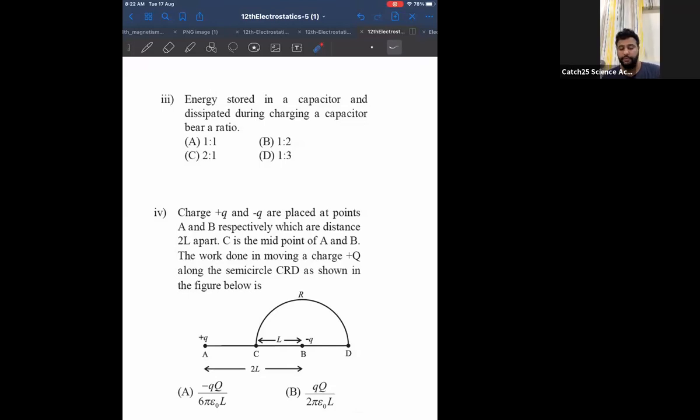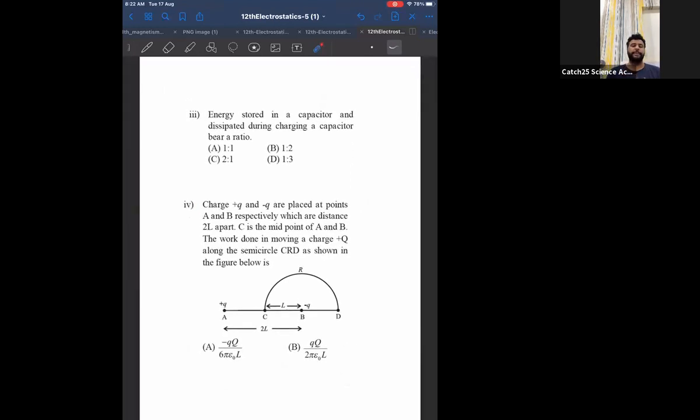Logic is very simple of this MCQ 4. Okay, now see here.